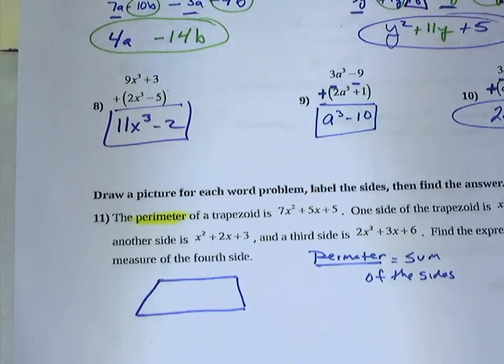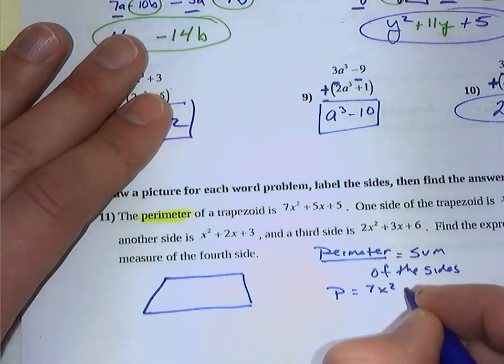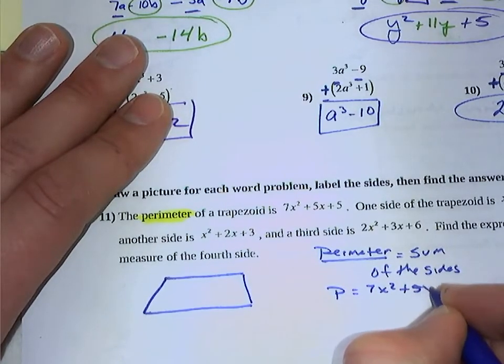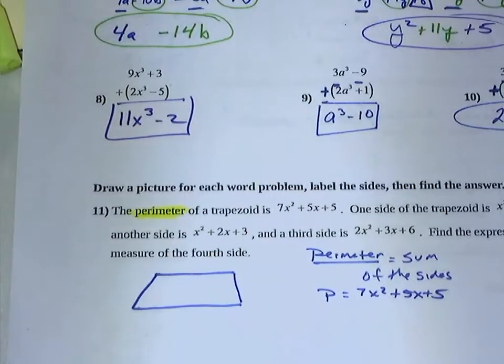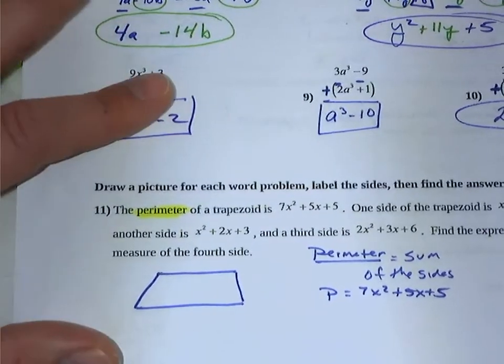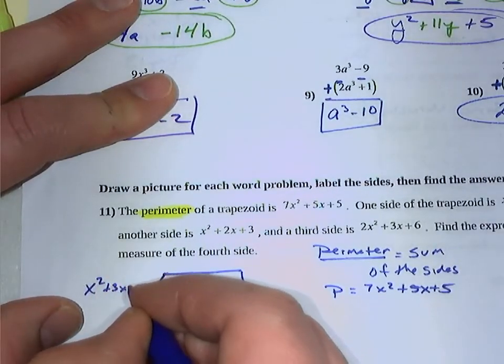Okay? So it says the perimeter of this thing, in this case, is 7x squared plus 5x plus 5. One side length, I don't know which one it is, I'm just going to call it this guy over here. One side is x squared plus 3x minus 5.